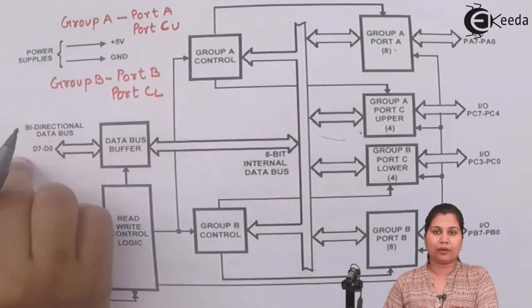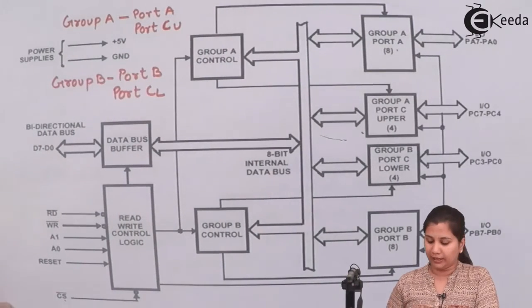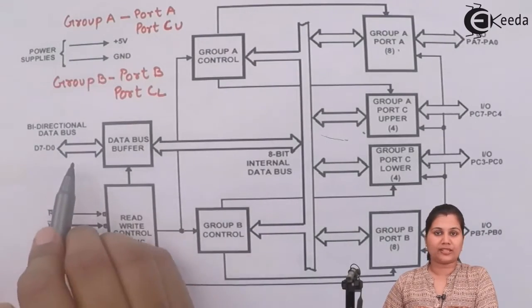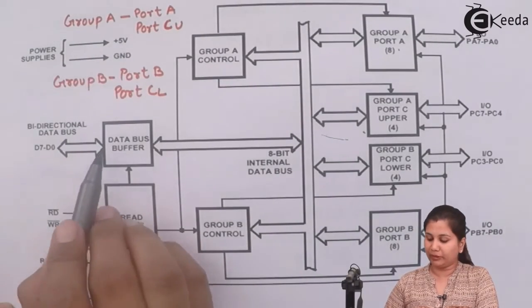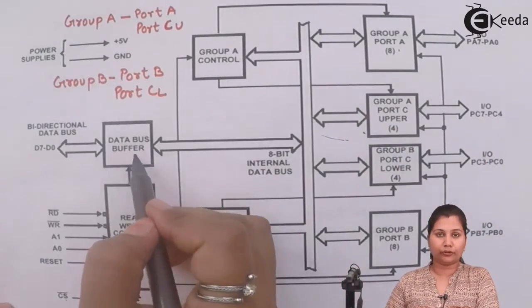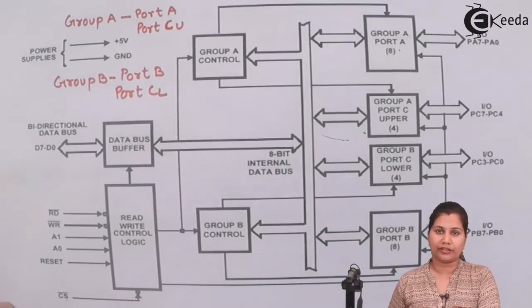If the CPU has executed the instruction OUT and the write signal is low, then the data available on the data bus buffer will be written on ports A, B and C, or if it is the control word, then the control word will be written in the control register.